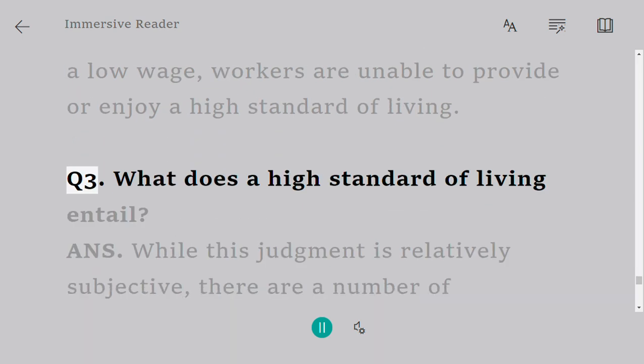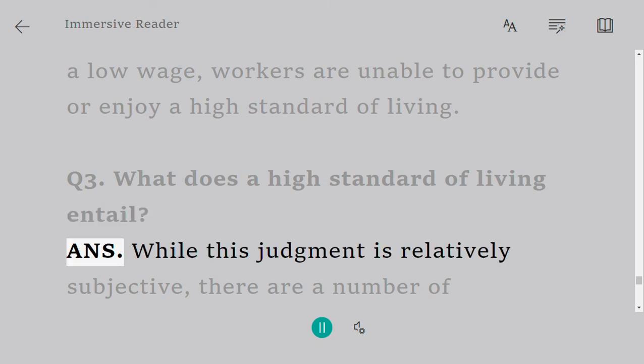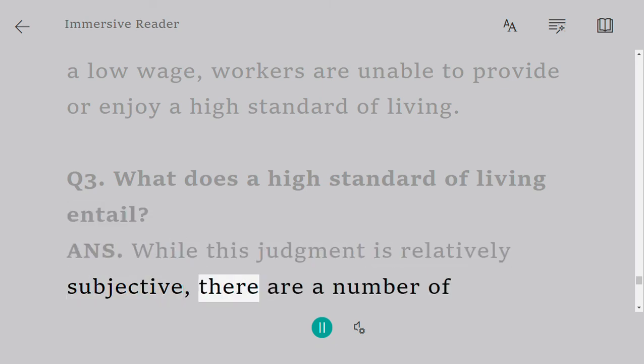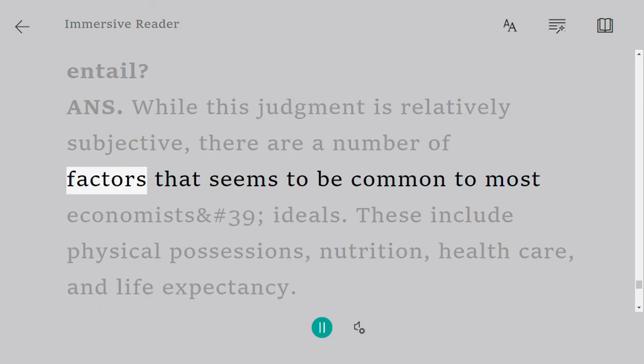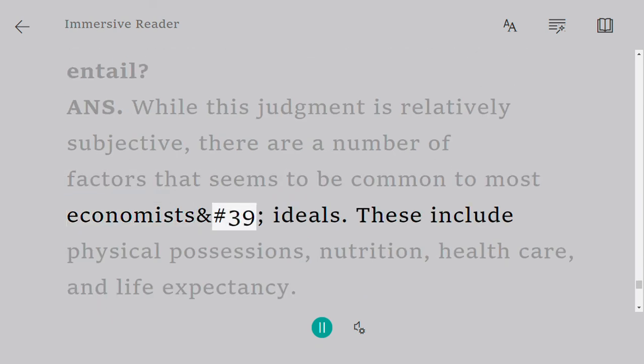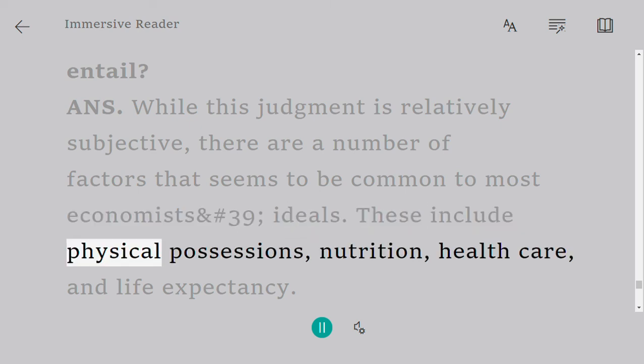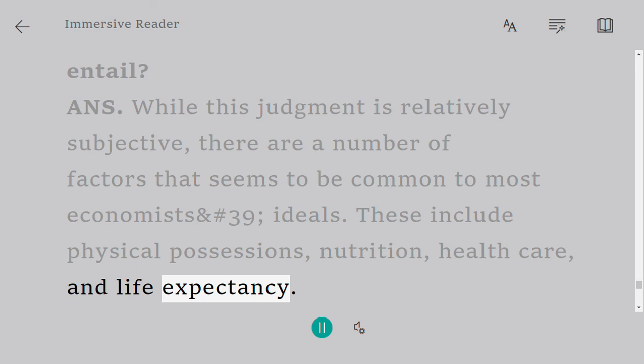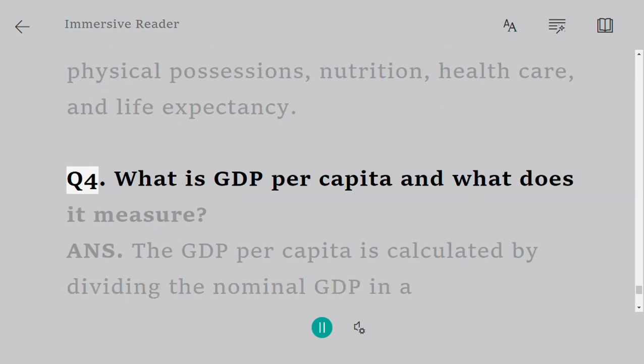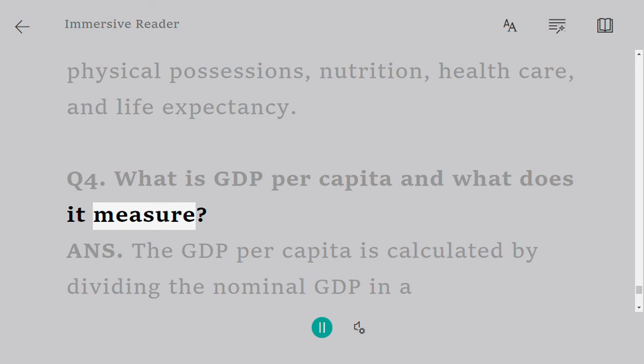Q3. What does a high standard of living entail? Answer: While this judgment is relatively subjective, there are a number of factors that seem to be common to most economists' ideals. These include physical possessions, nutrition, healthcare, and life expectancy. Q4. What is GDP per capita and what does it measure?